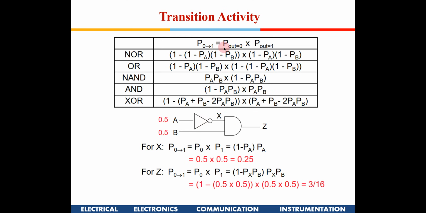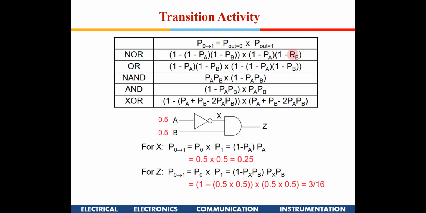Now in general, if I say the probability of A being 1 is PA, and the probability of B being 1 is PB, then 1 minus PA is the probability for A to be 0, and 1 minus PB is the probability for B to be 0. So the probability of both of them being 0 will be this, and both of them being 1 will be 1 minus this.